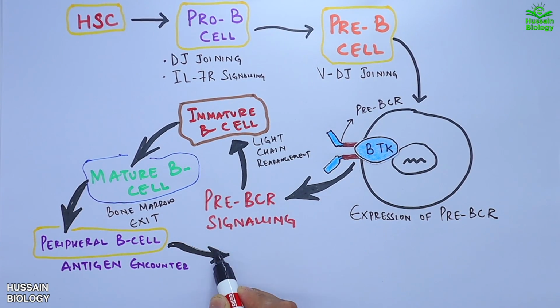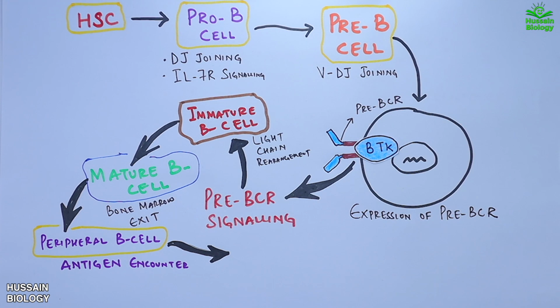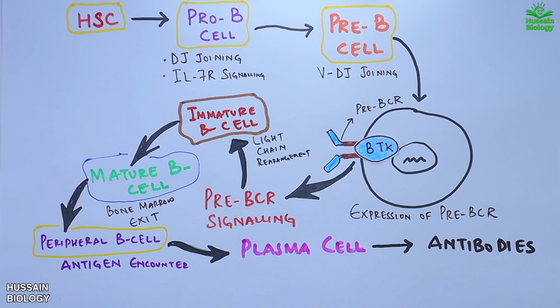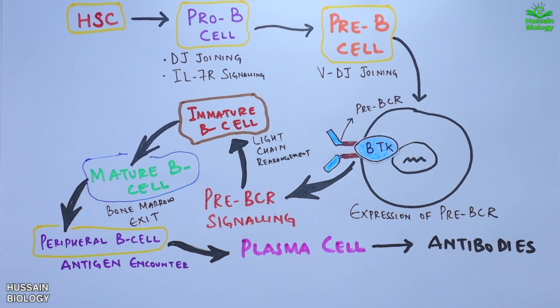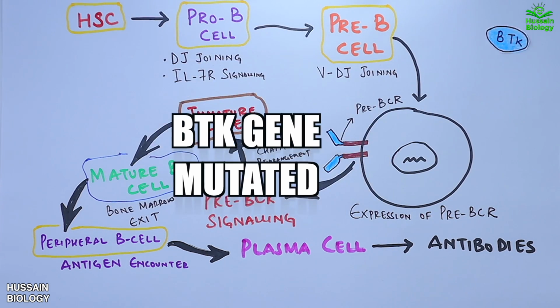Upon encountering a specific antigen, the B cell becomes activated and differentiates into plasma cell. Plasma cells are the antibody factories of the immune system, actively secreting antibodies which are essential for neutralizing pathogens and coordinating immune responses. Till now, all things are going normal, but we have a condition here where the BTK gene is mutated.